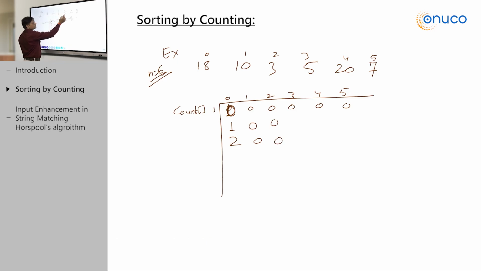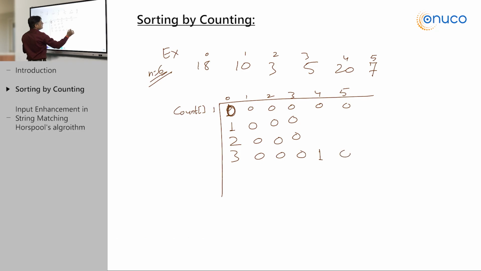18 and 5, still 18 is greater, so this becomes 3, these all are 0. 18 and 4, just compare 18 and 20. So 18 is lesser, 20 is greater, so this value becomes 1, right, and this remains 3.